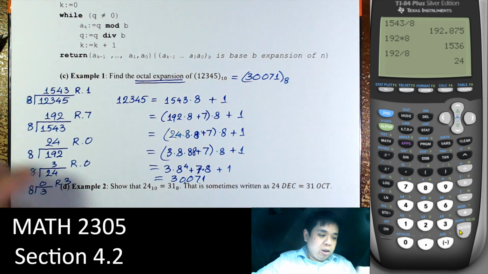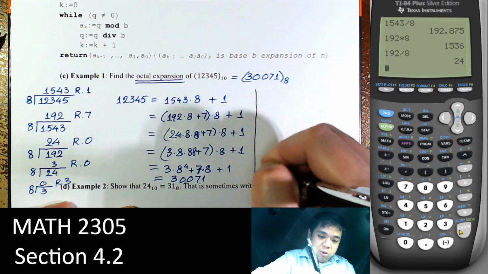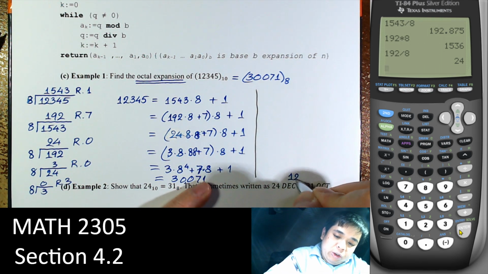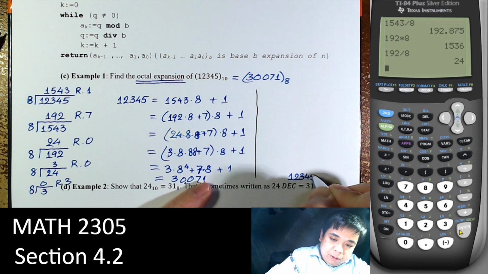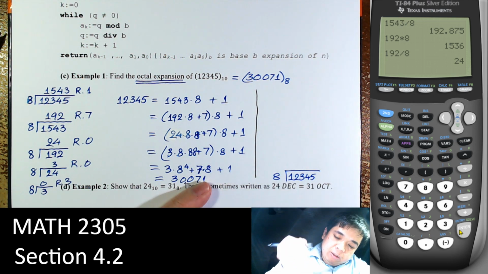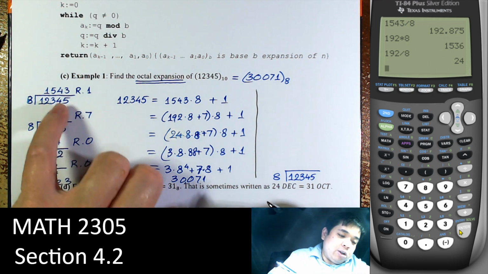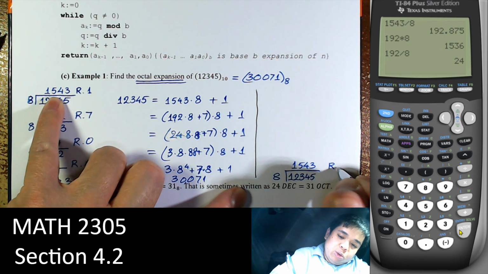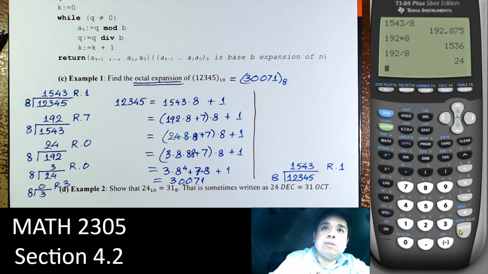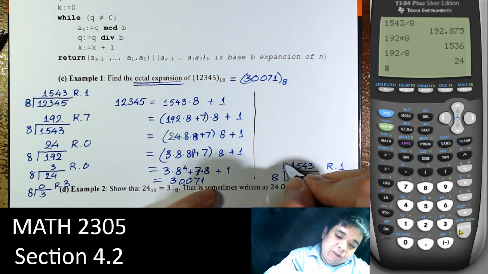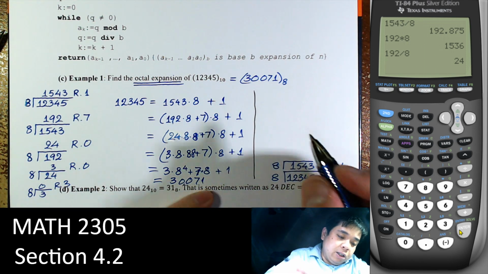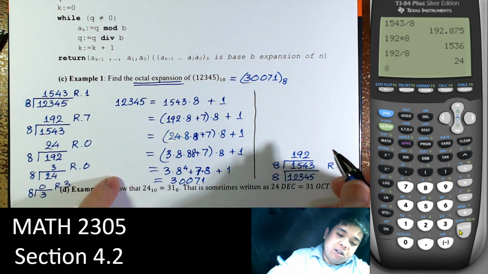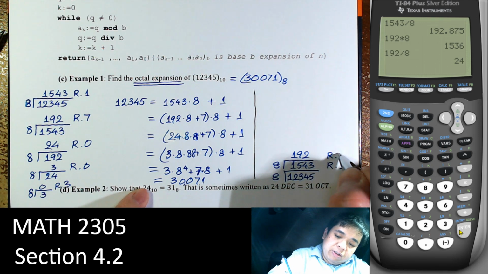Another way to do this, which is even better, is dividing backwards. So we start from the bottom up. 12345 divided by 8. What do you get? When we divide this, we have 1543, remainder is 1. Next, divide by 8: 192. This is much better when you divide backward like this. Remainder 7.